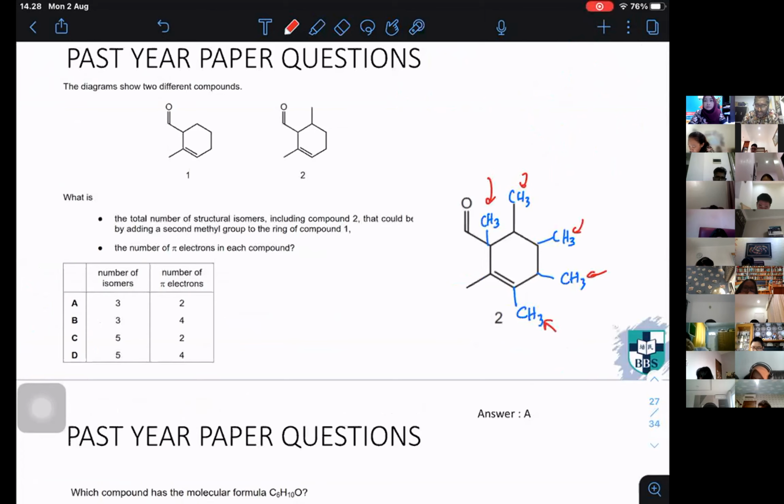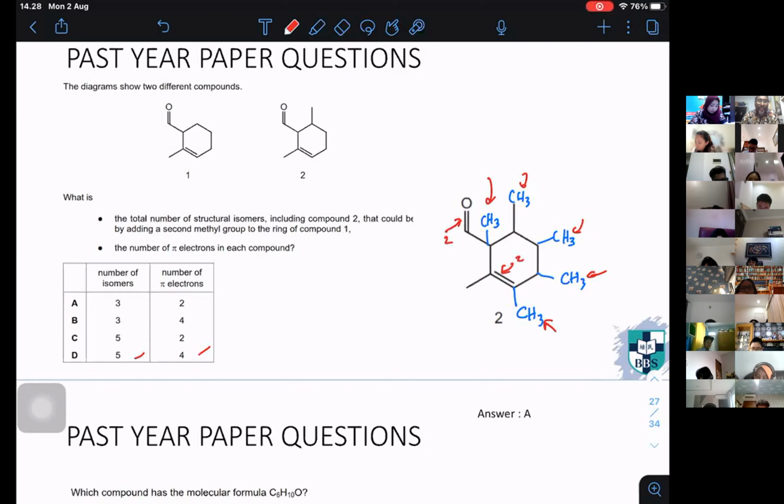Do remember just now when I put the pi bonding, even though they overlap sideways, each pi bond has 2 electrons. So 2 electrons here, and you have 2 electrons here. So in total, they're supposed to have 4 electrons over there. So 5 and 4.